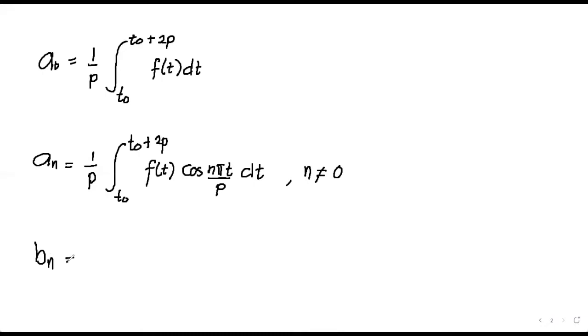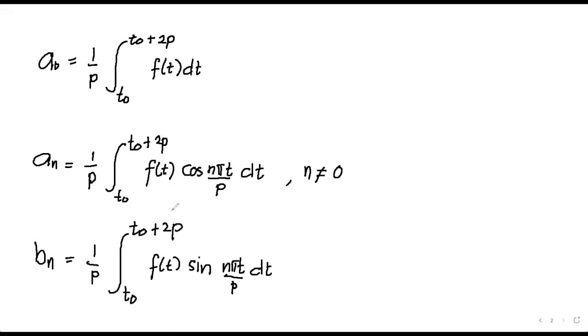And lastly, we have b sub n equal to 1 over p times the integral of f of t sine of n pi t over p dt with limits from t sub 0 to t sub 0 plus 2p. Again, 2p is 1 period and n should not be equal to 0.